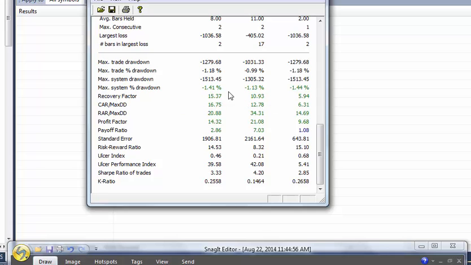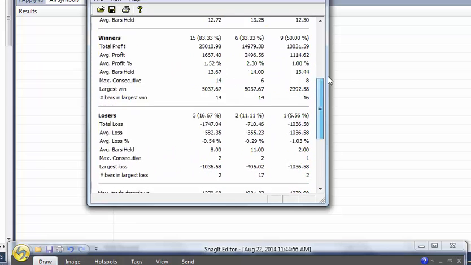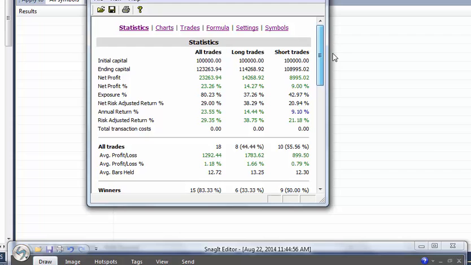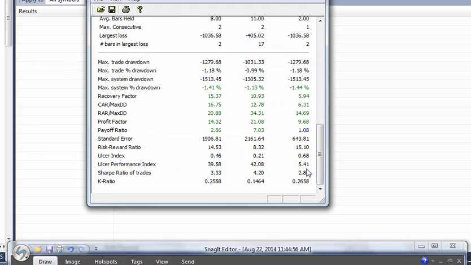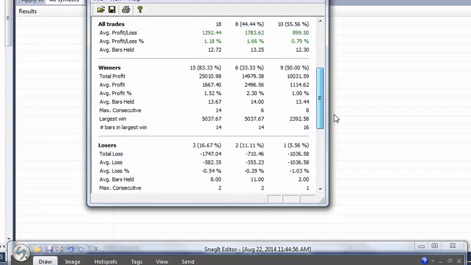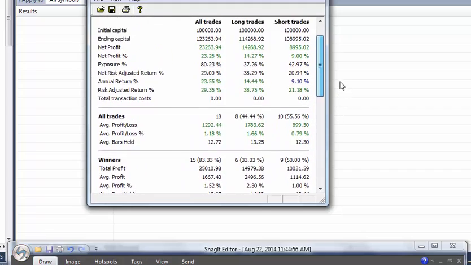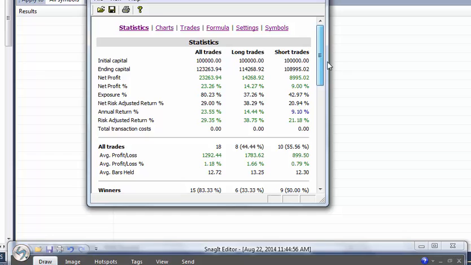And max drawdown on this one here. Wait a minute, this is the 23%. Okay. All right, so the max drawdown on this one here is 1.41, which is very reasonable. If you can have a system that works for you that has a reasonable drawdown like that, that's something that's livable, very livable.